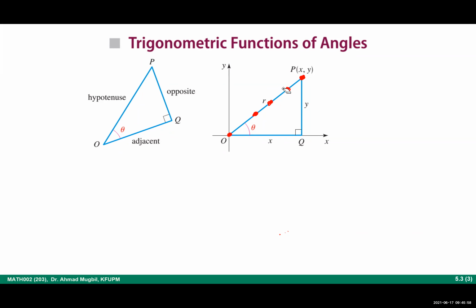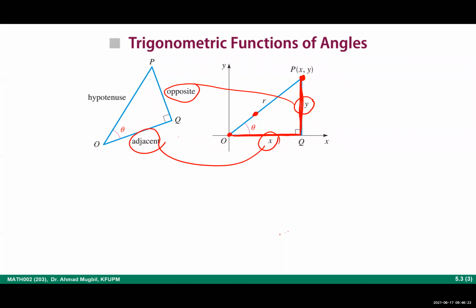Let's take this one. Since this point is in the XY plane, it has two coordinates, the X coordinate and the Y coordinate, X and Y. X is this horizontal distance, and Y is this vertical distance. So in this case, Y is the opposite, and X is the adjacent. And what is R?